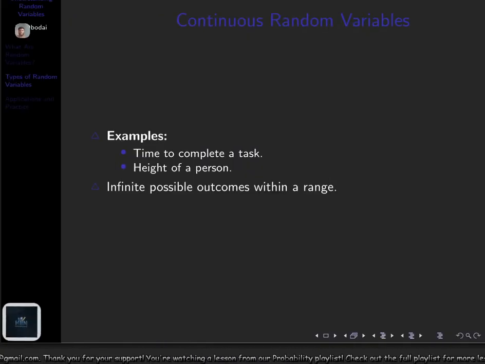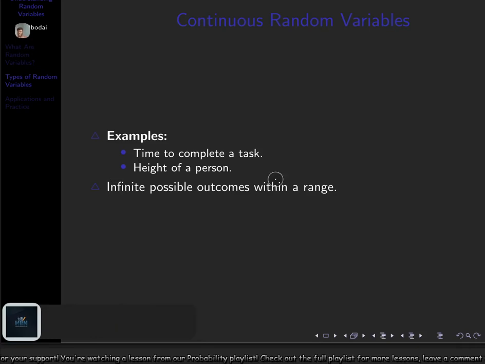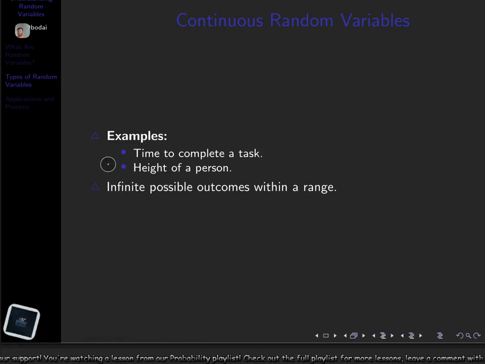So for the continuous random variables, a typical example is talking of time, temperature, height, weight, and all these. These take a range of values. You see, so the time taken to complete a task, it will definitely be within a range of values. Then another one being what? The height of a person.